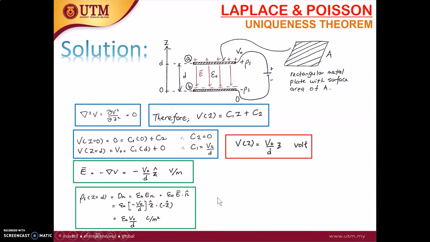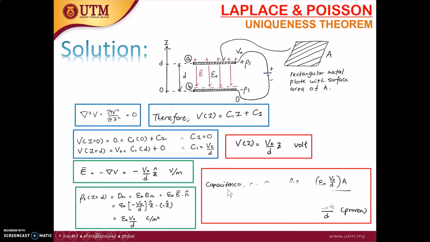When you obtain rho S, the capacitance is C equal to Q divided by VAB. Q here is basically Q at Z equal to D, this plate. So Q equal to rho S times A, where A is the surface area, divided by VAB.